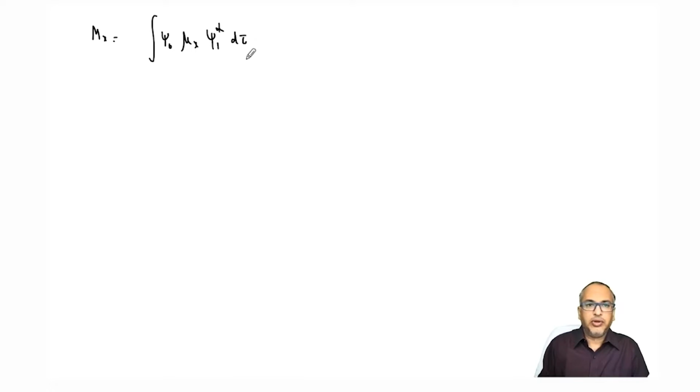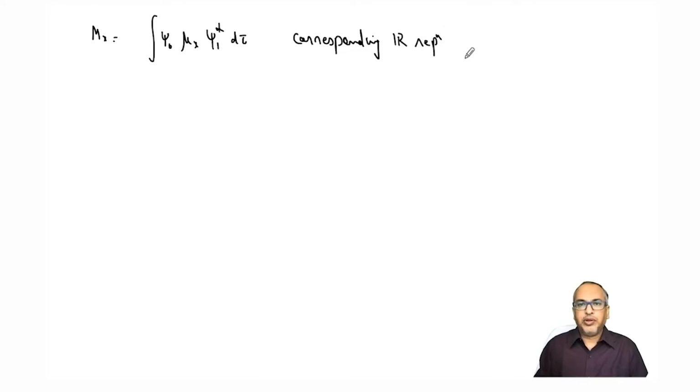Okay, so now when I say this integral, let's say I'm talking about M x, the integral of psi 0 mu x psi 1 star d tau. If you remember the direct product applications, I need to know the corresponding IR representation for psi 0, mu x y z, and psi 1, right?